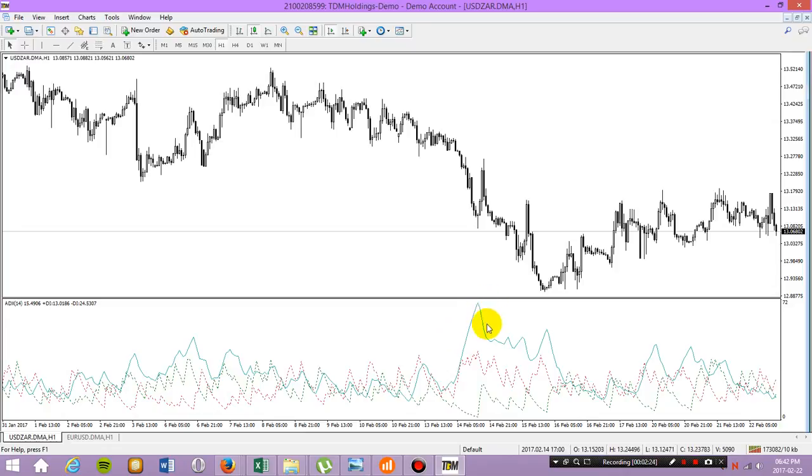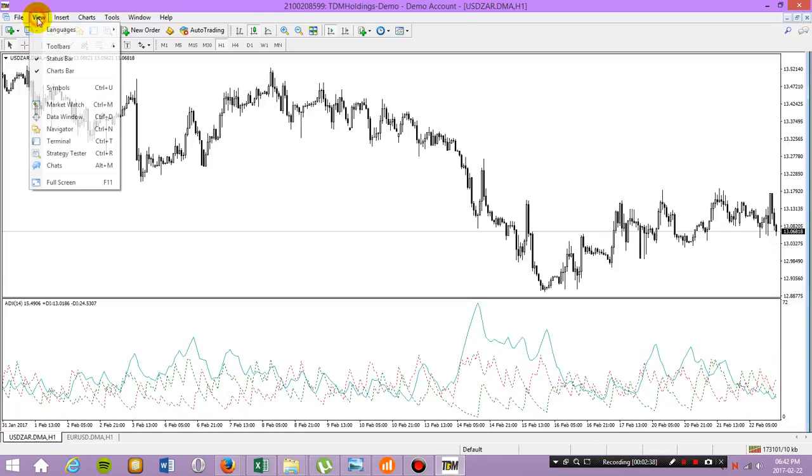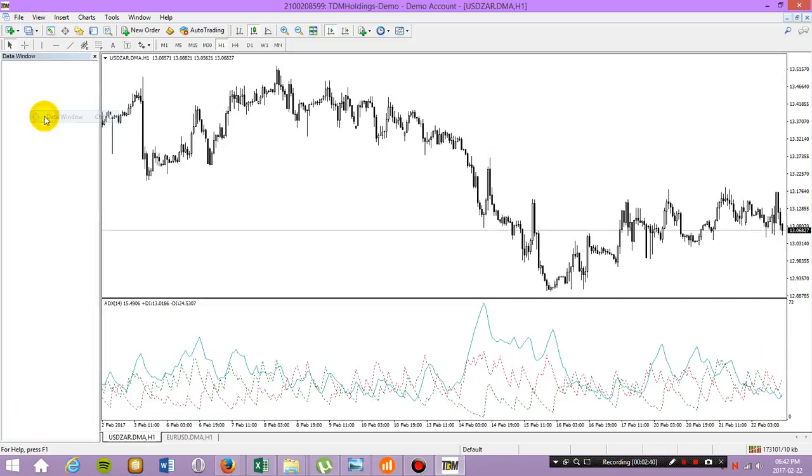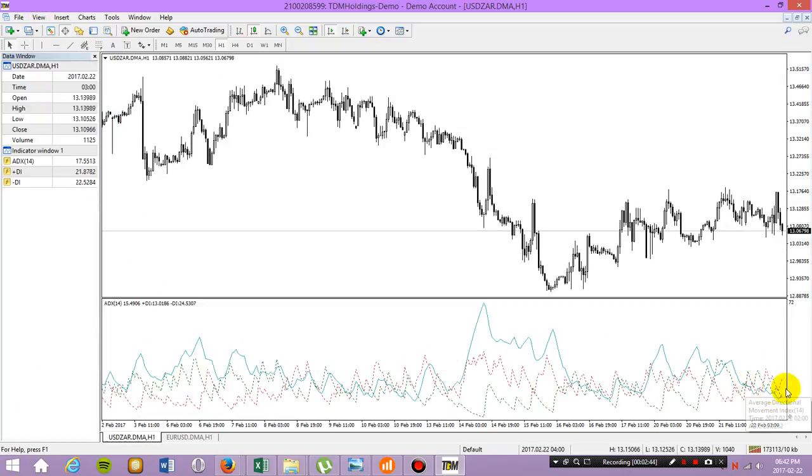When your ADX main line is low, around the 20s, below the 20s, that is an indication that you are not in a very strong trend. A good way to identify which range you're in is to go to your view and go to data window. It's a really great tool to show you where you are in your levels.